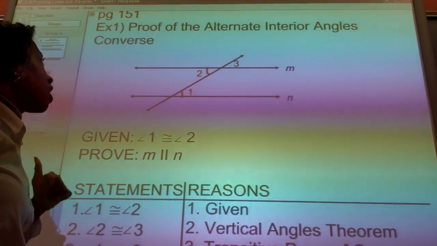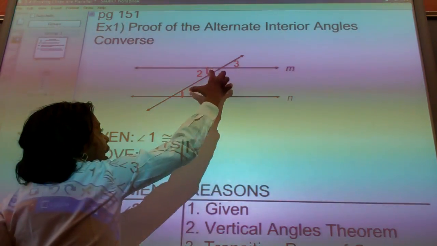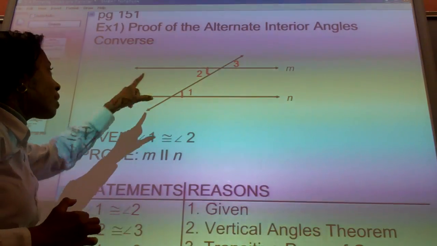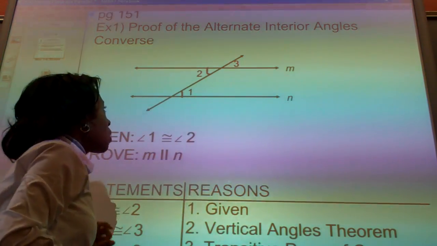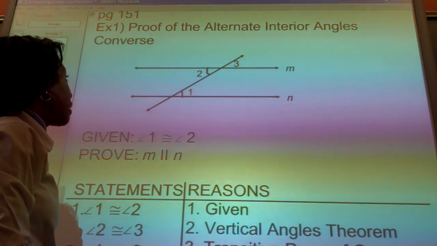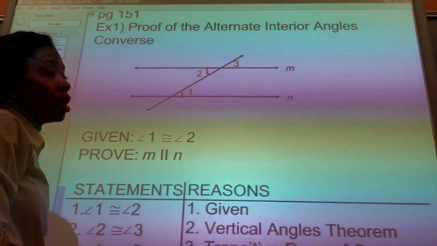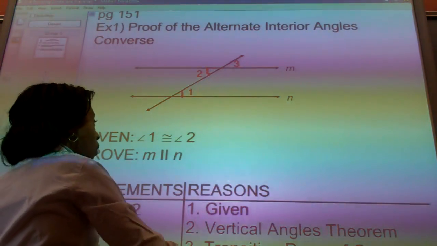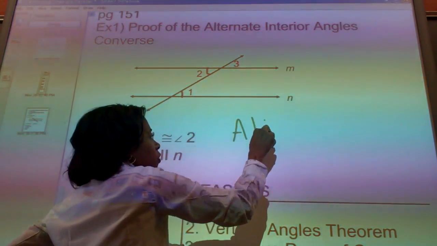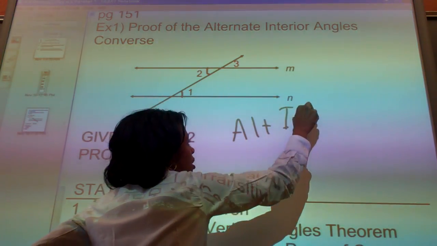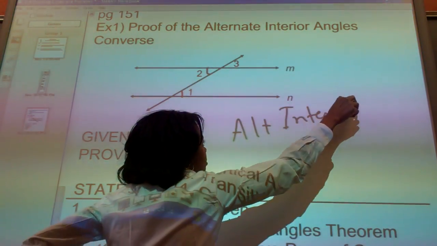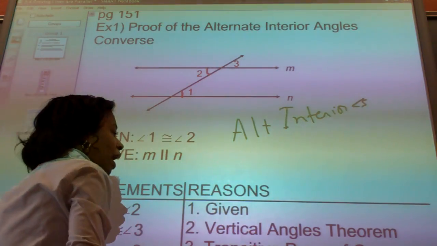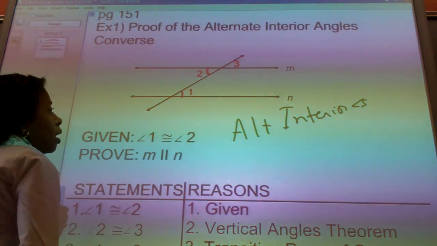What definitions, postulates? And they tell me that angles 1 and 2 are congruent. And when I look at angles 1 and 2, I say, wow, those could be alternate interior angles. So I will write that down and think, maybe I can prove this by alternate interior angles some kind of way. It's just one idea, okay?